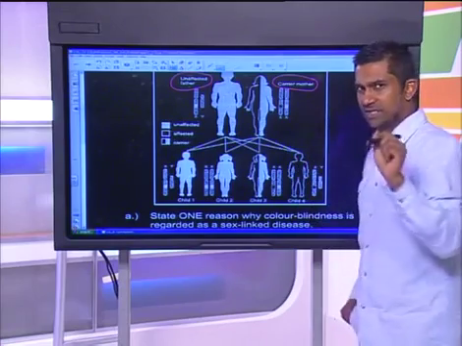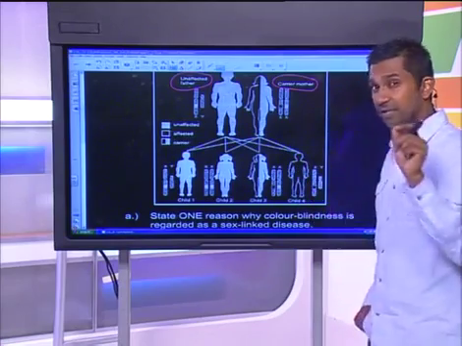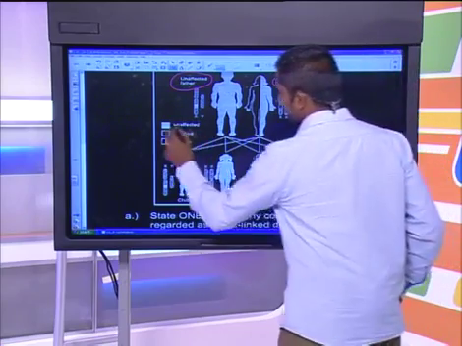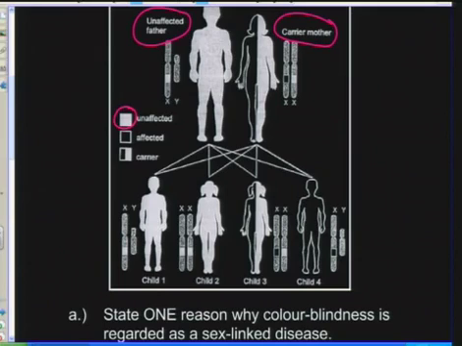The word is heterozygous, that is scientifically correct. On this we have a key that shows us a square that is white, which is unaffected. We have a square that is shaded, which is affected, and we have a square that is partially shaded and half unshaded, which represents the carrier.